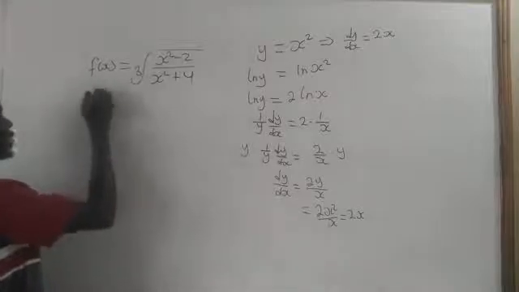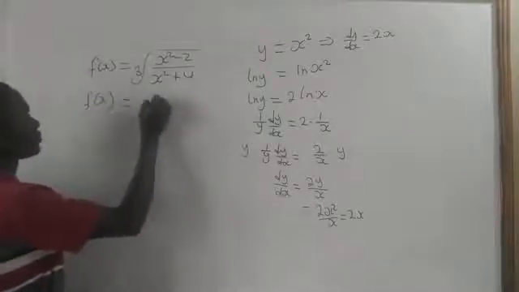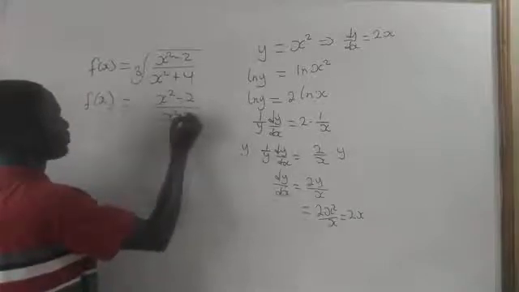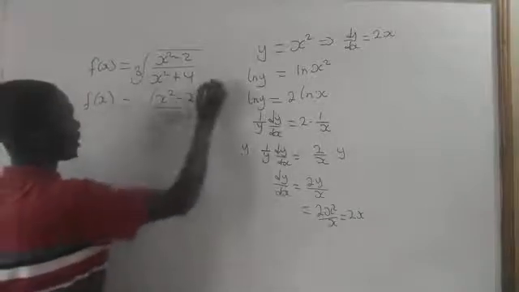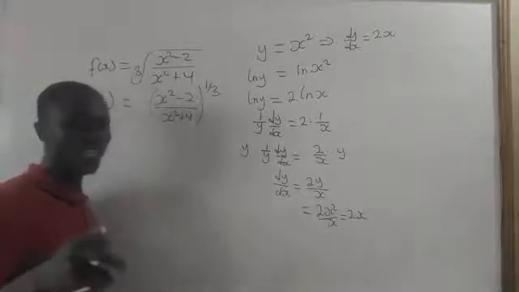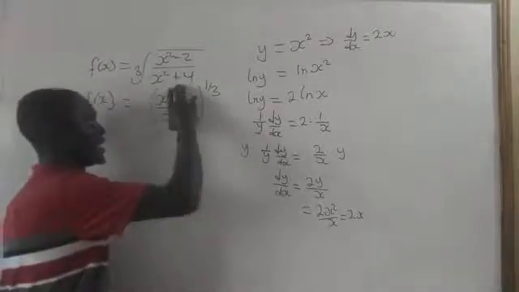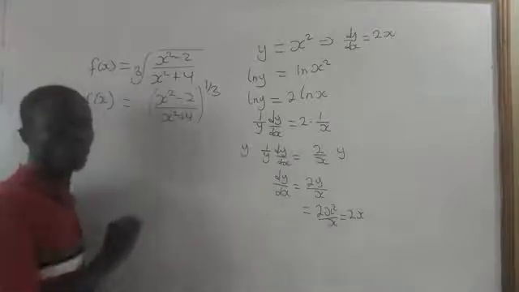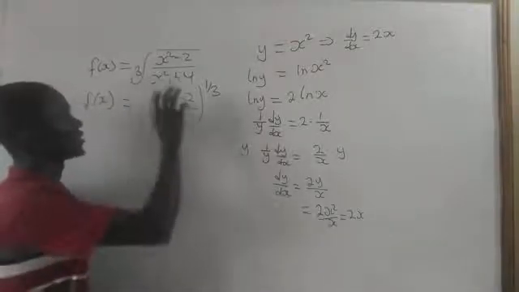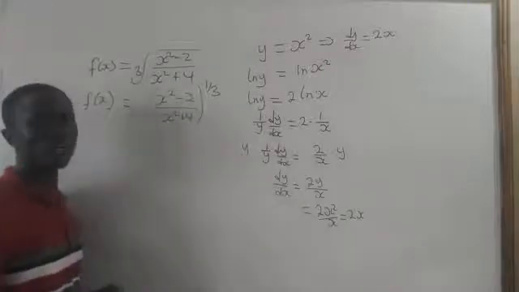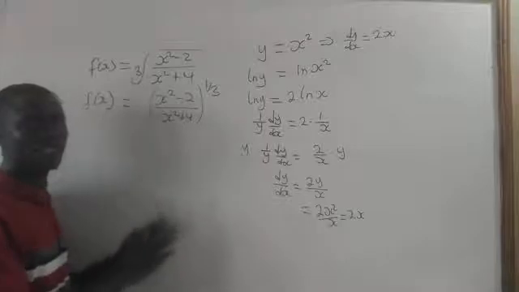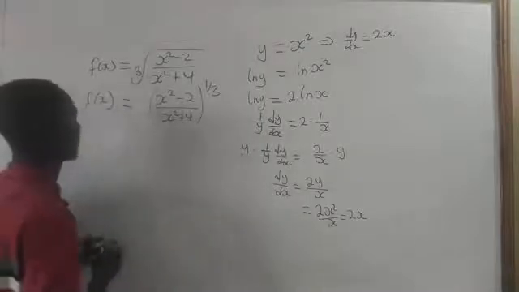Here, f of x is equal to x squared minus 2 divided by x squared plus 4, all to the power 1 out of 3. You see that this one, if you want to differentiate the inner one, you have to use the quotient rule, and you have to use the chain rule. So this one will take you a lot of time.